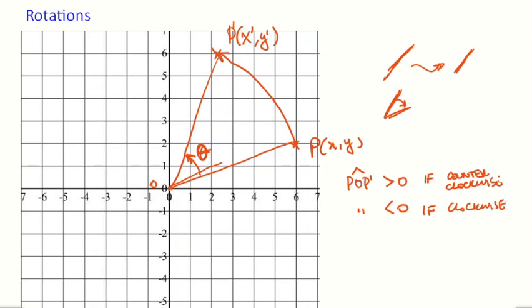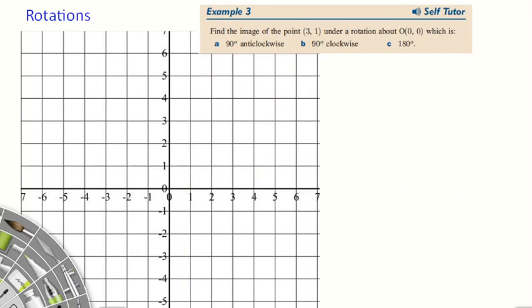For the scope of this chapter, we're going to focus on rotations of 90 degrees and 180 degrees, right? So very simple rotations, basically a quarter of a rotation or half of a full rotation. So let's try a very simple example now.